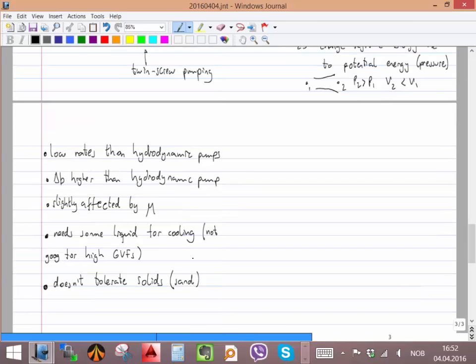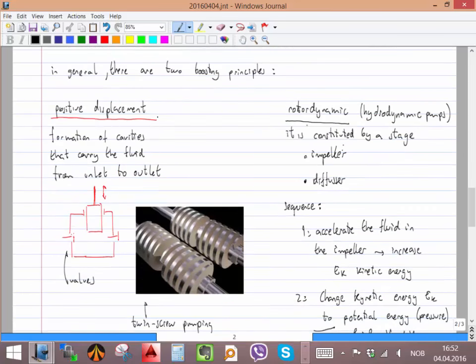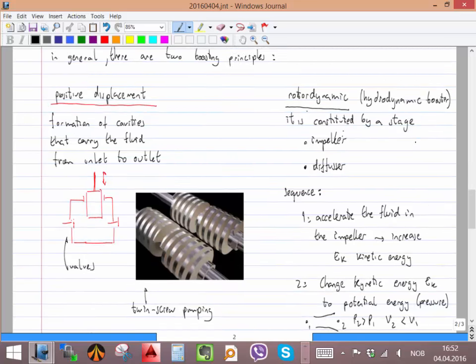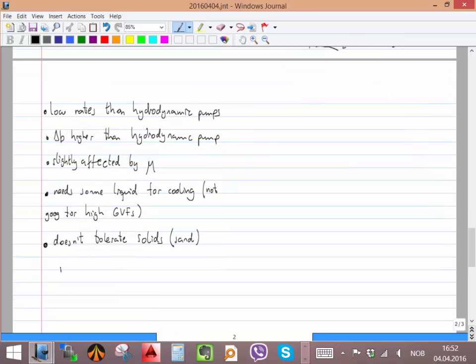Okay. In the rotor dynamic or hydrodynamic boosters, not pumps, we can use this for the whole range.